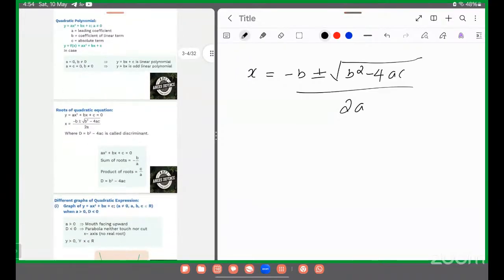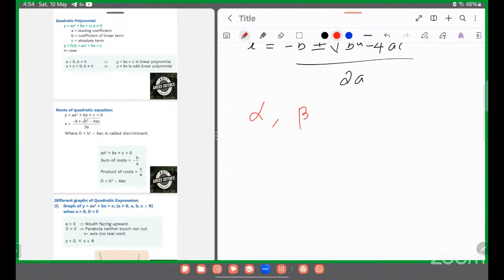Here, if we find the roots, there can be two roots. One is alpha, the other one is beta. If we calculate the sum of the two roots, that means alpha plus beta, that is known as the sum of the roots. Sum of the roots is equal to minus b upon a.